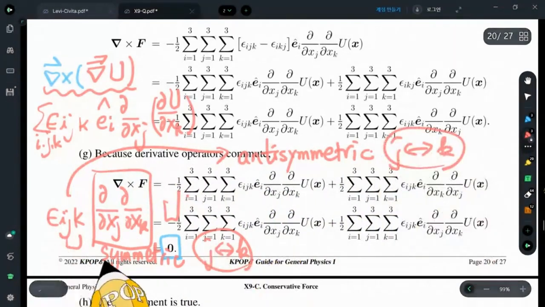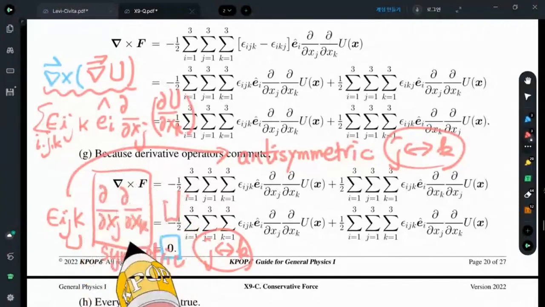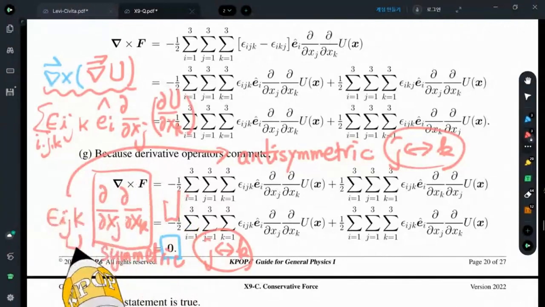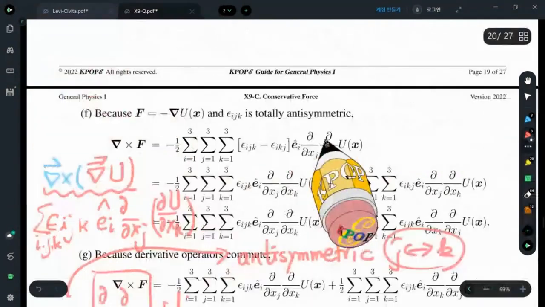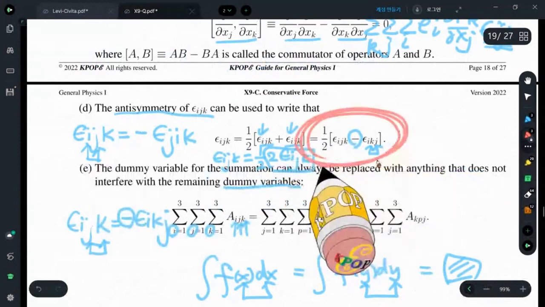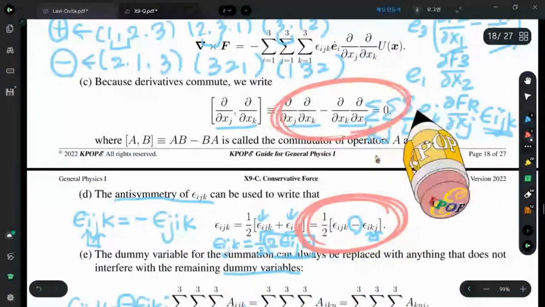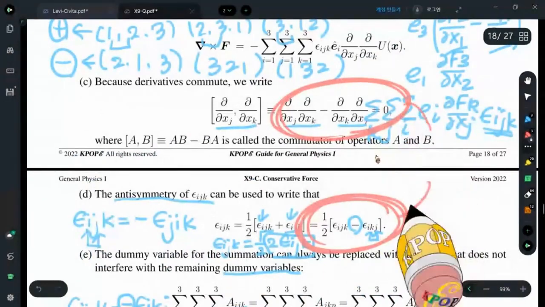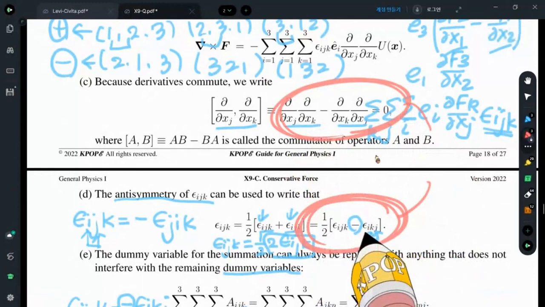As a result, the product of symmetric and anti-symmetric structure, when they meet and are summed over, this result is always 0. This anti-symmetry is used and this symmetry is used. When they meet together and j and k are summed over, they vanish.